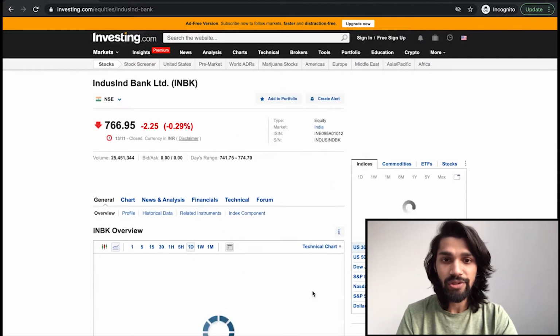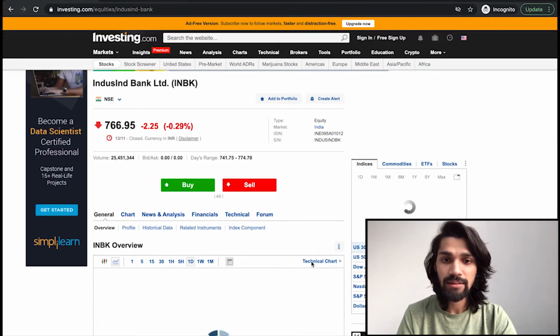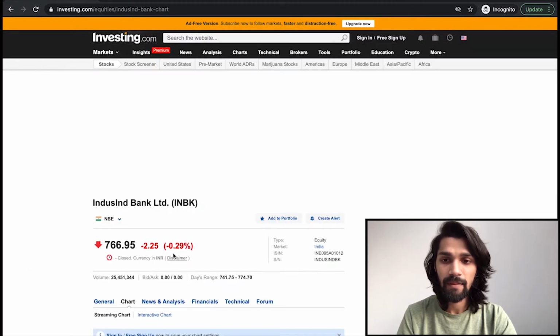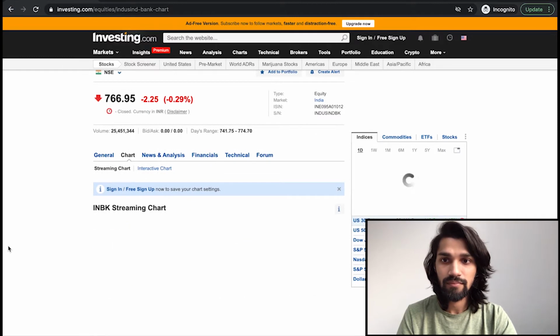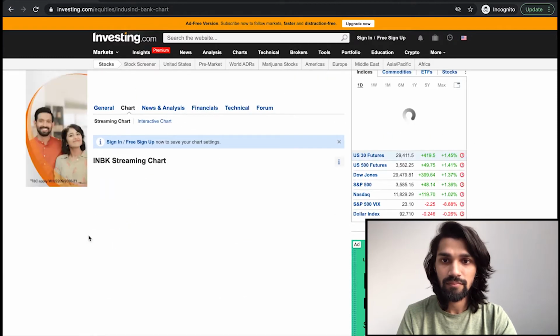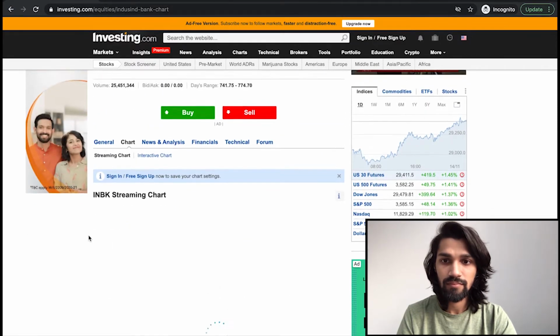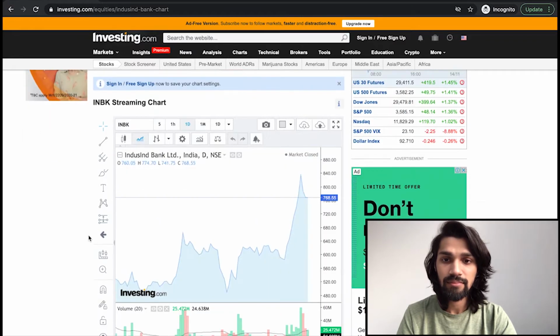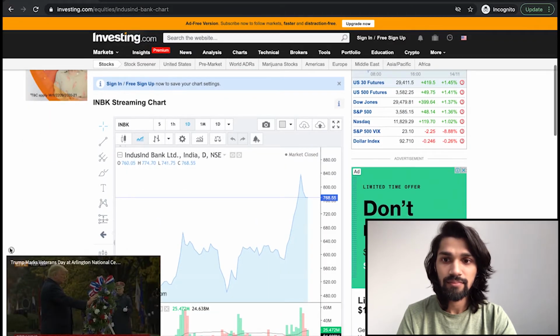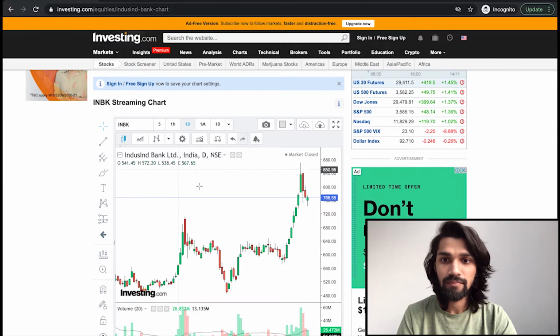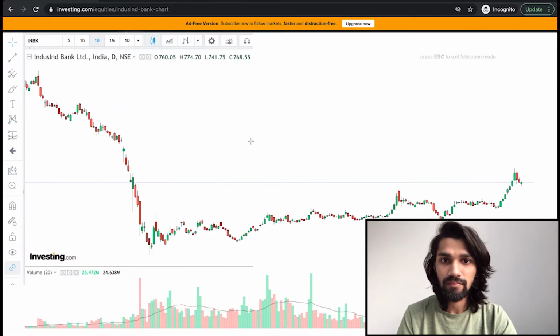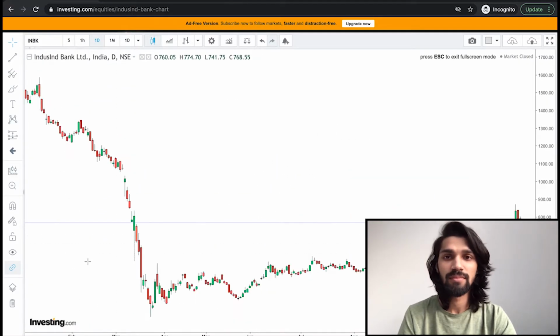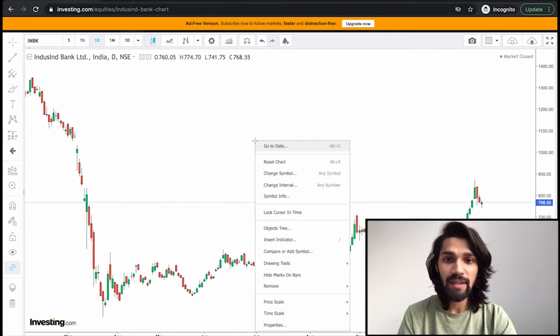We'll go to the technical chart. Let's start with the first indicator.